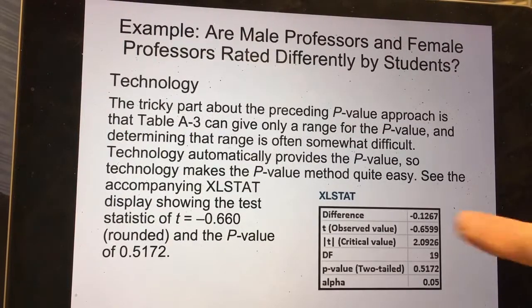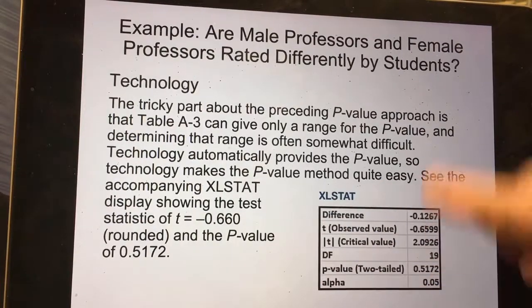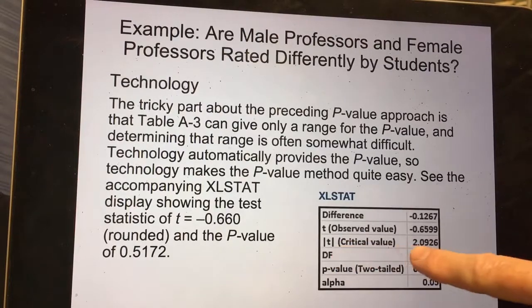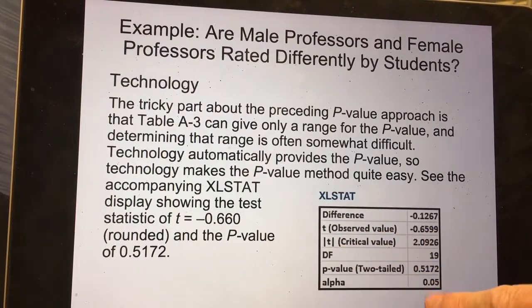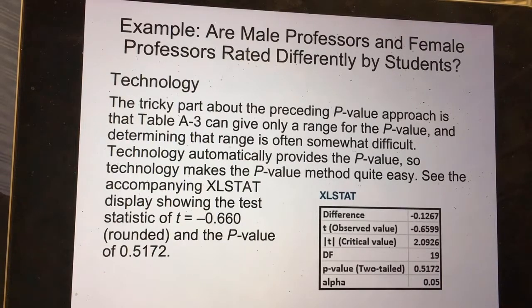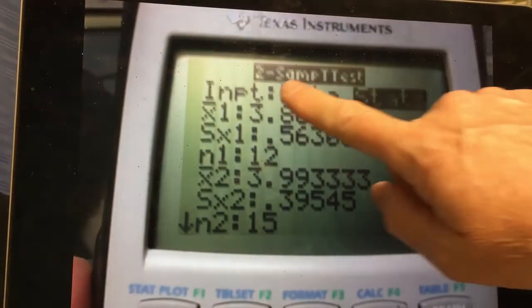Now they're doing this with their Excel stat, which we don't have access to, but it still gives you all of those values: the critical value, the observed value, and then the p-value. We don't have access to that, but we're going to use what we do have access to, which is our two-sample t-test.